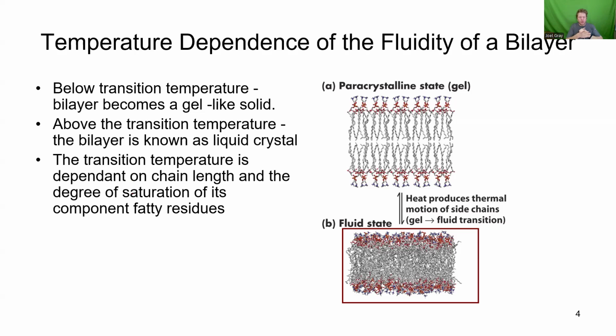Those E. coli that were grown at 10 degrees had a larger number of unsaturated fatty acids. At a higher temperature, you had a higher number of saturated fatty acids.